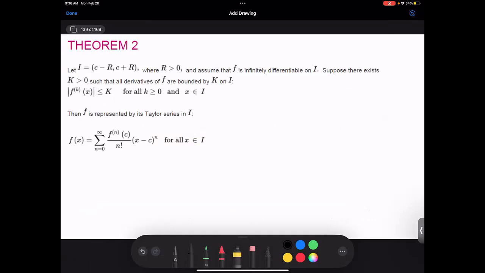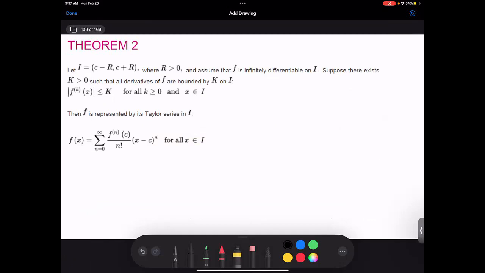The next one is one of the standard theorems: if you have some interval c minus r to c plus r, assume f is infinitely differentiable, and assume that the derivatives of f are always less than or equal to some fixed number k, then the Taylor series converges and converges to the function. So this is a very special situation.